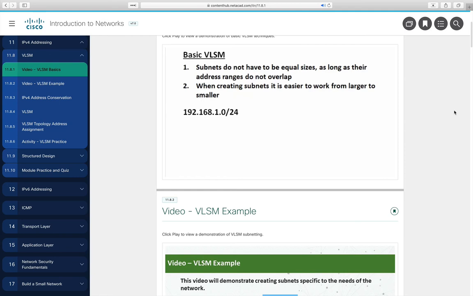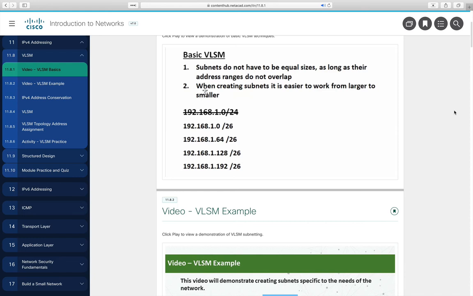When creating subnets, it is easier to work from larger to smaller subnets. So for example, I have the 192.168.1.0/24 network. I subnet the network into 4 subnets with /26 subnet masks. So the subnets go up by 64. I now have 4 equal-sized subnets.